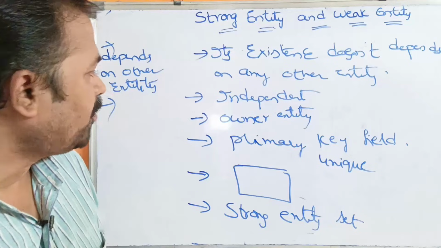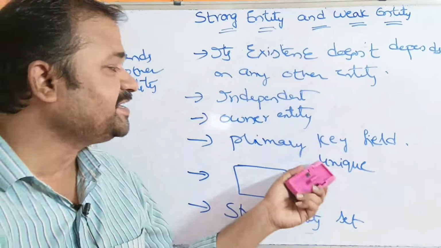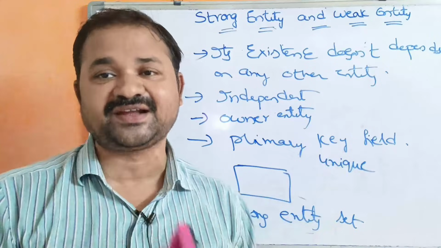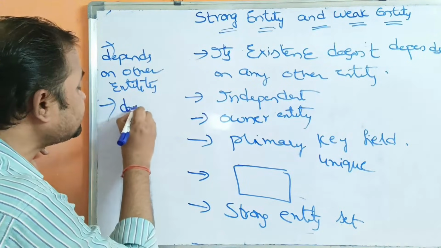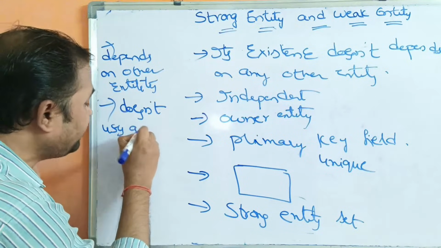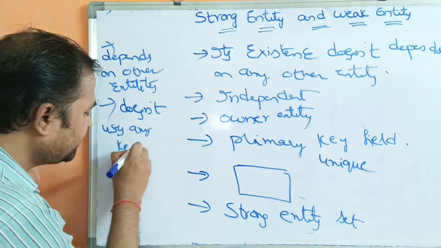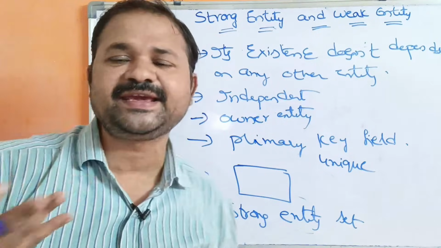One more important point: a strong entity uses a primary key field, whereas a weak entity doesn't use any key field. We have several keys such as primary key, foreign key, candidate key.